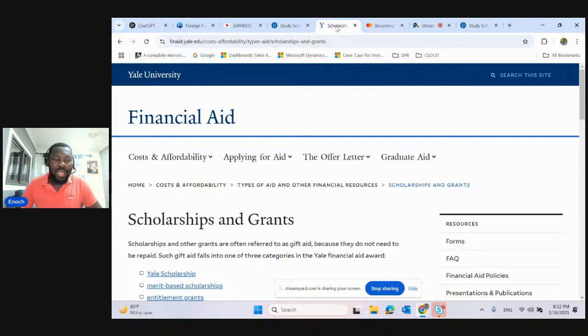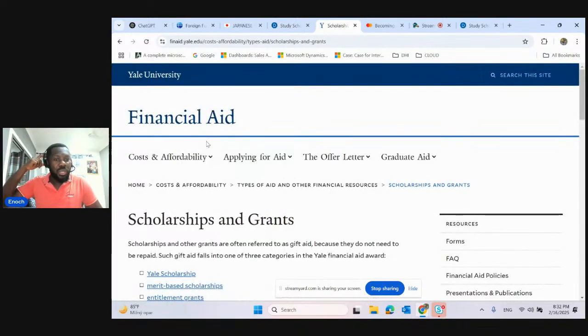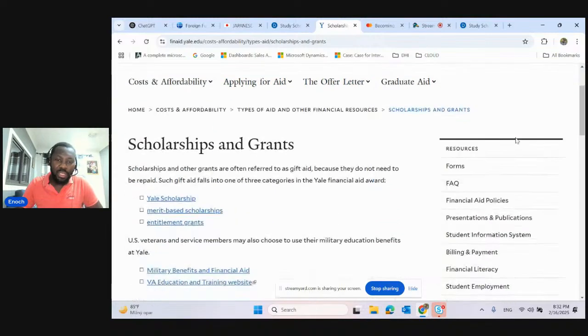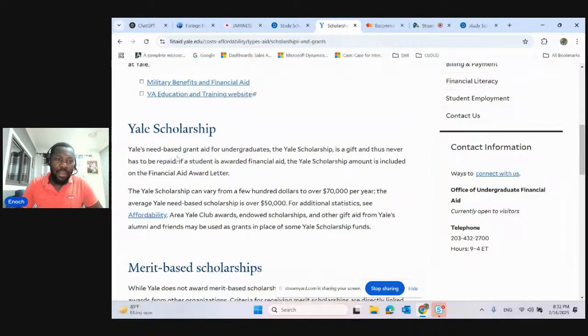All right, and then finally, I want to look at the scholarships and grants at Yale University. They have a lot of scholarships and grants to support international students, and I will start with the Yale scholarship. Here is a need-based grant aid to undergraduates, and it's a gift.